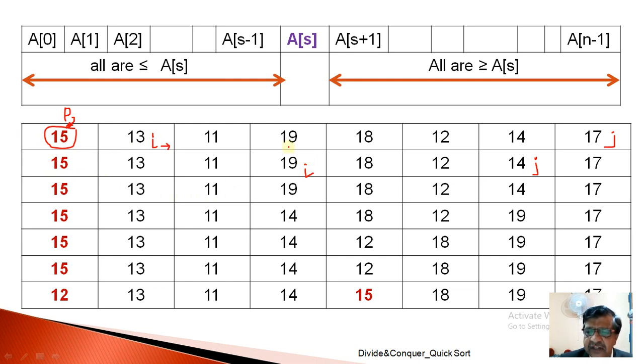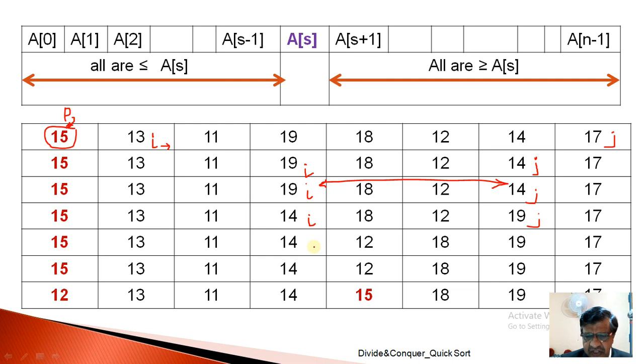Then exchange will take place between this element and this element. The ith element, that is 19, will get exchanged with the jth element, and 14 will come and sit here while 19 will go over there, but i and j still remain where they are.